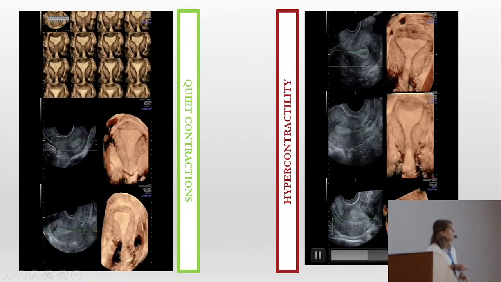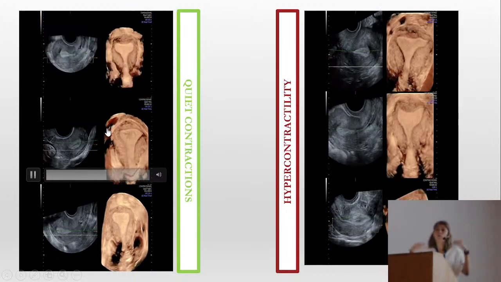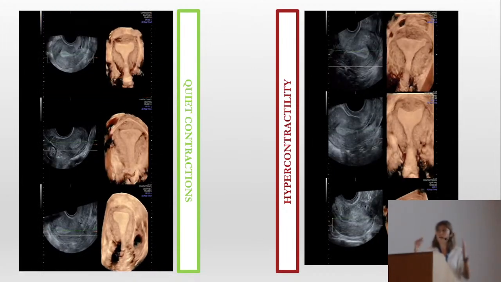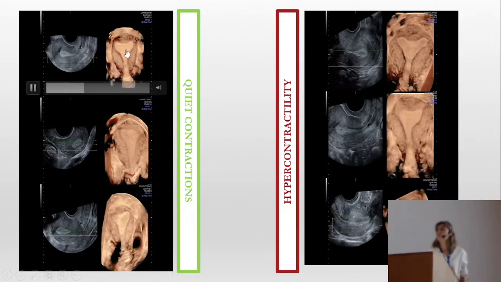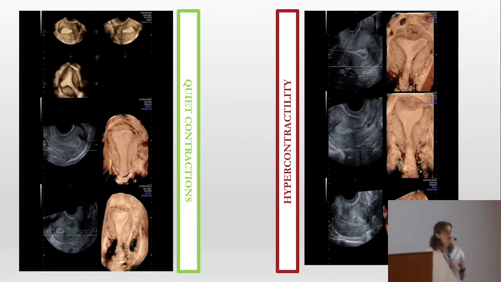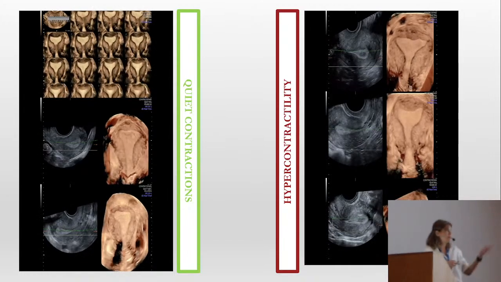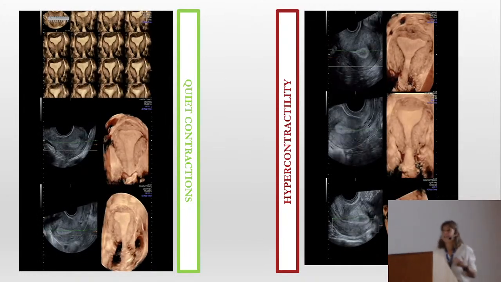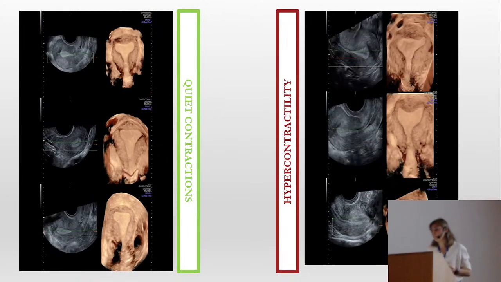Meanwhile, here you can see movements from the bowels, even from the external layers of the myometrium, but they don't change the endometrial cavity. So really, when you have seen several scans with contractions, you can see the differentiation between them.